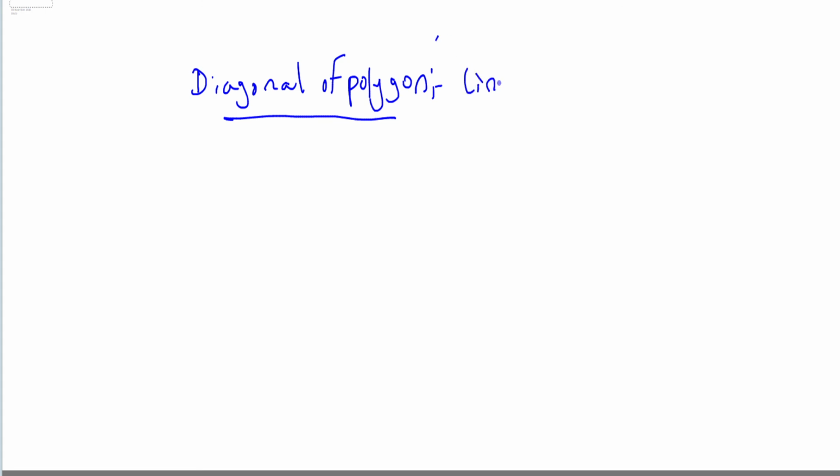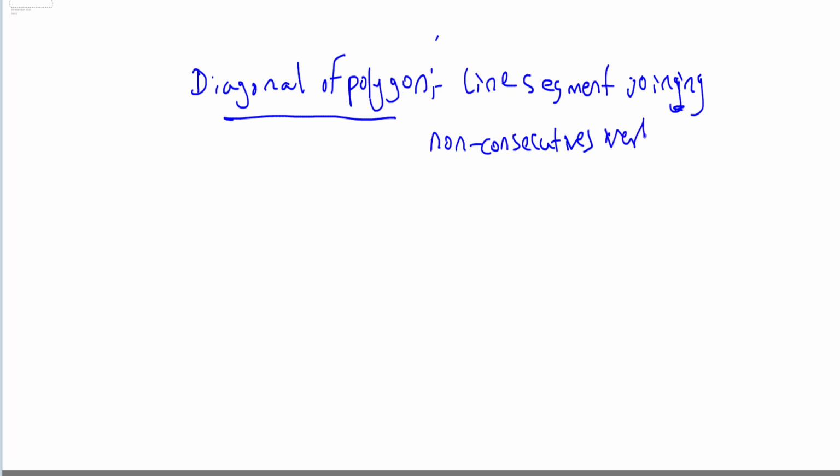The diagonal of a polygon, this is very important: a diagonal means a line segment joining non-consecutive vertices of a polygon.